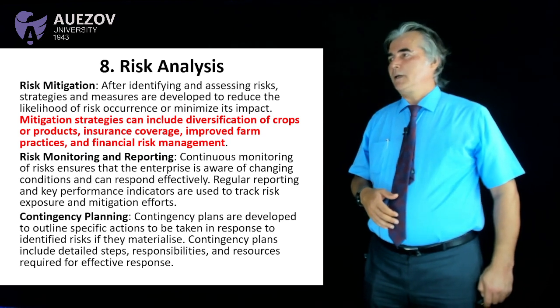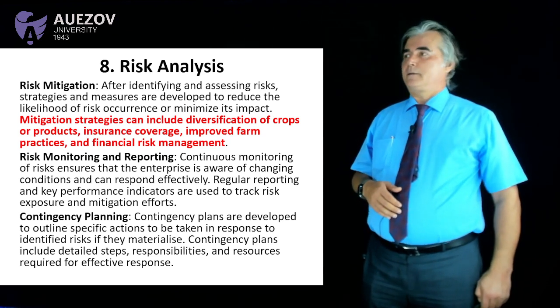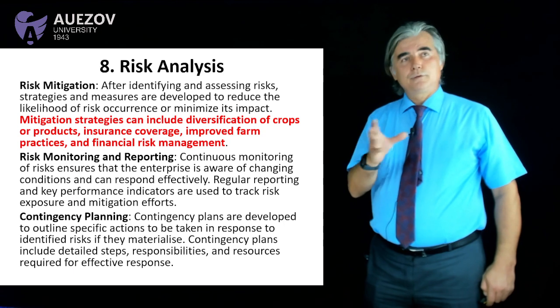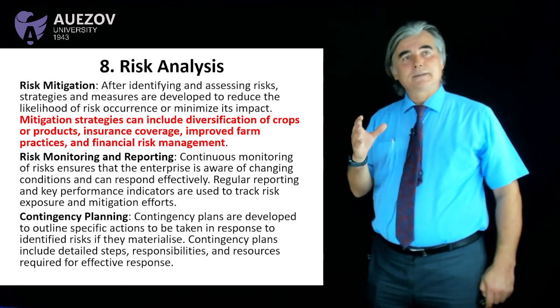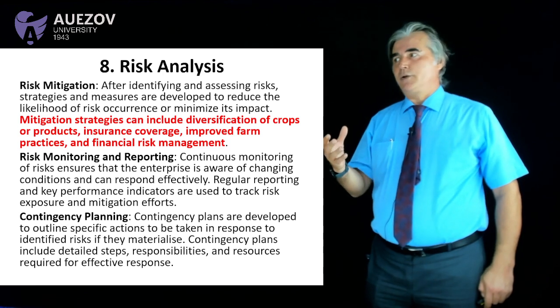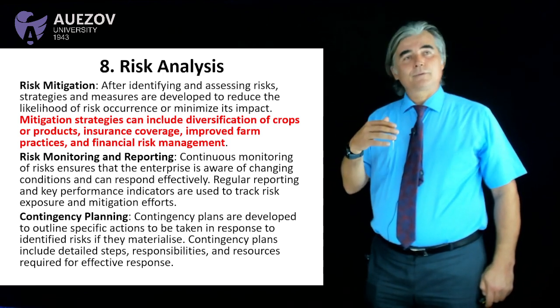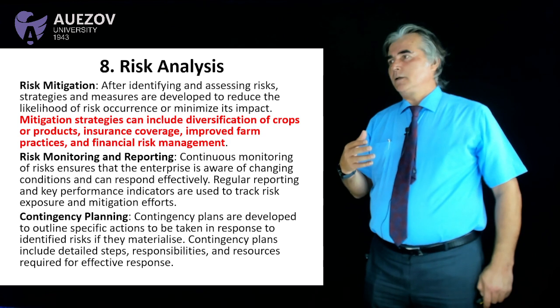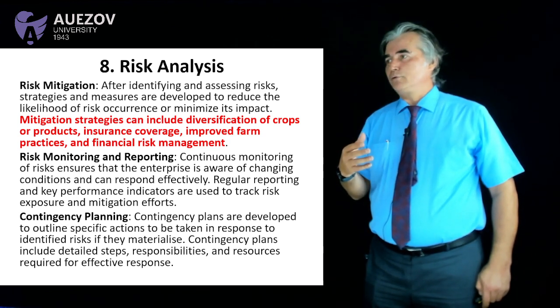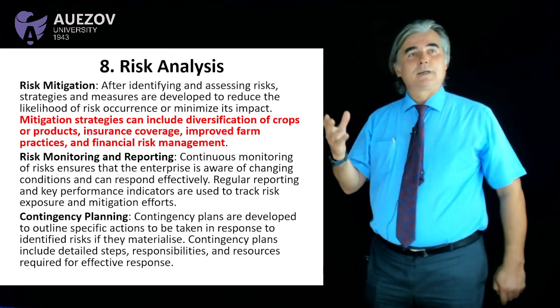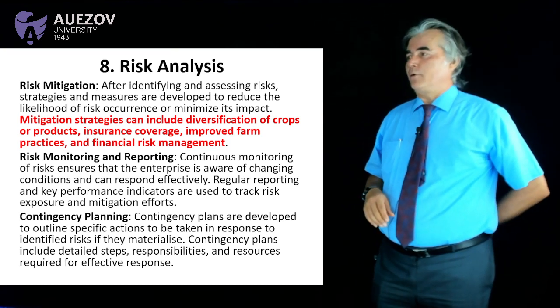Risk monitoring and reporting: continuous monitoring of risk ensures that the enterprise is aware of changing conditions and can respond effectively. Regular reporting and key performance indicators are used to track risk exposure and mitigation efforts.